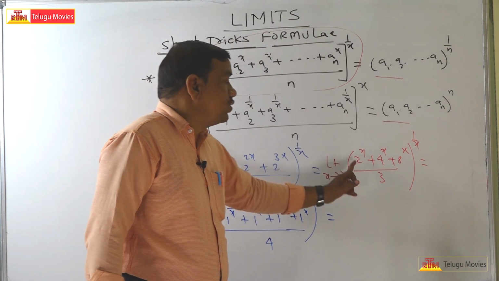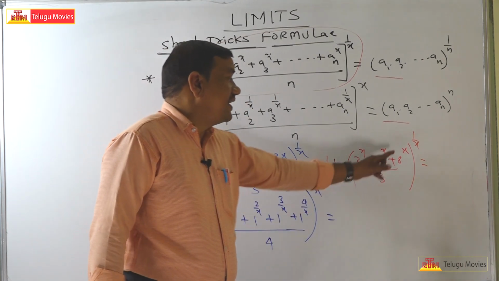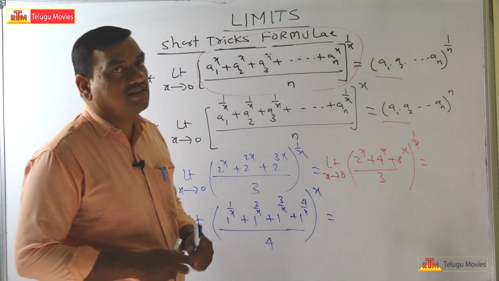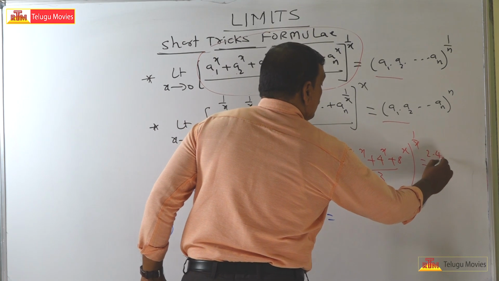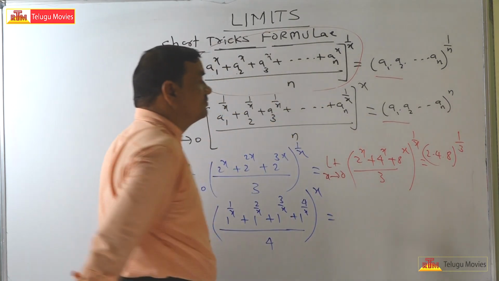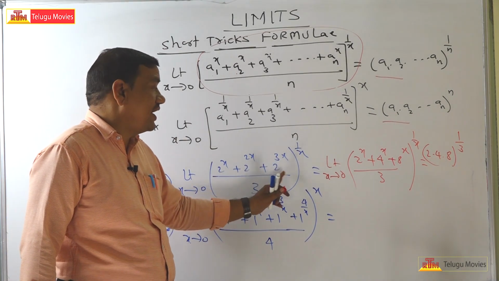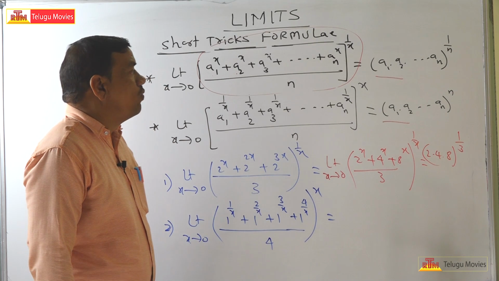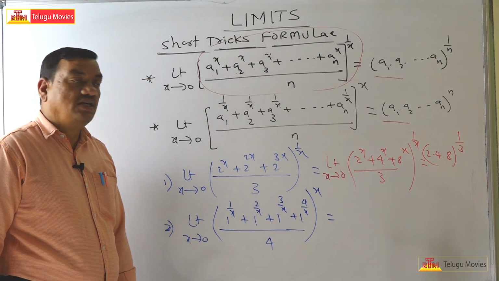Here bases are 2, 4, 8, 3 terms are there, divided by 3. Here x is there, whole power 1 by x is there. So your answer is 2 into 4 into 8 whole power 1 by 3. That's all. Whatever may be the answer, that is our answer.